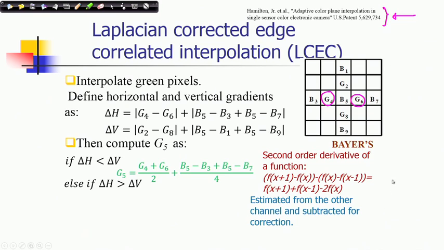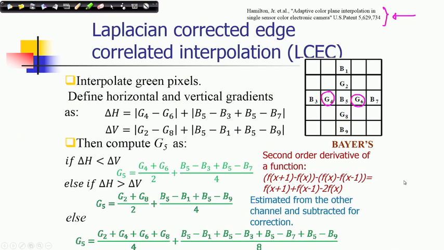If the horizontal gradient is greater than the vertical gradient, then you should use the vertical direction for interpolating green, and otherwise if they are equal, use all possible green values, that means all four neighbors in the non-green locations, and also use the corresponding estimates of derivatives using both the vertical and horizontal directions, and refine it.